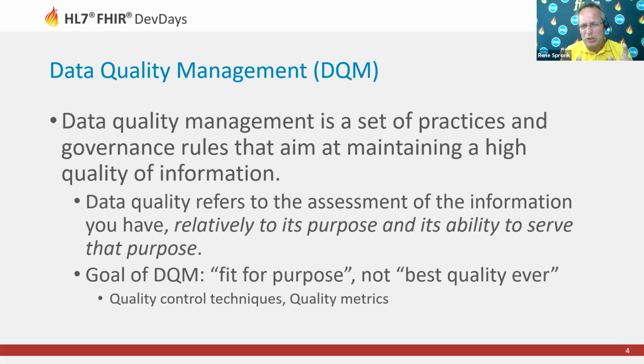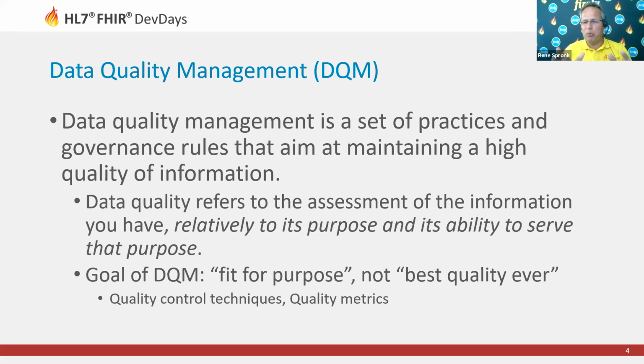So data quality management is not something that you can just willy-nilly apply to any data. You have to be aware of what sort of purpose that data is going to be used for. And in that context, you can define some quality criteria, that in that context, I want the data to have these specific criteria.